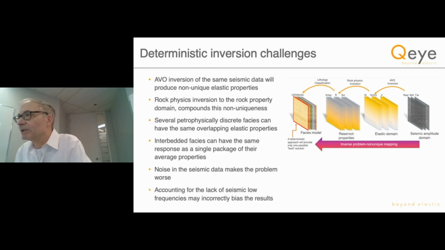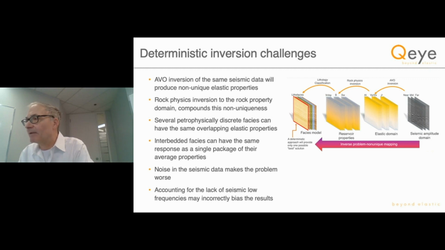The rock physics inversion to the rock property domain compounds this problem, and hence several petrophysically discrete facies can actually have the same overlapping elastic properties. And beyond that, the interbedded facies can actually have the same response as a single package. So that's like a phi-H kind of issue. And if you have noise in the input data, this makes the problem worse, more non-uniqueness, more error.